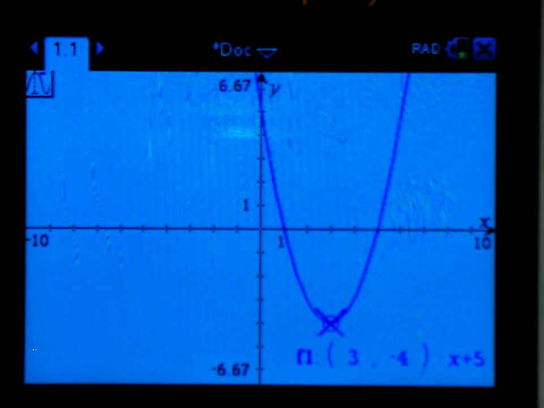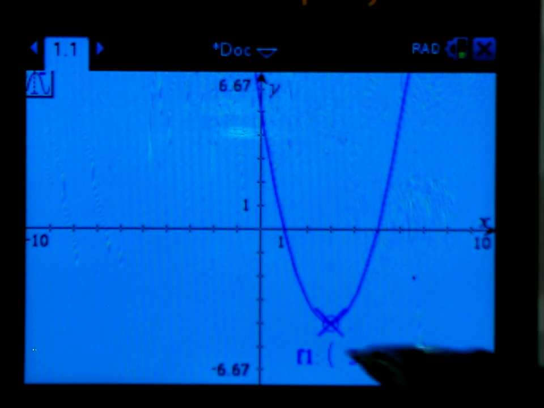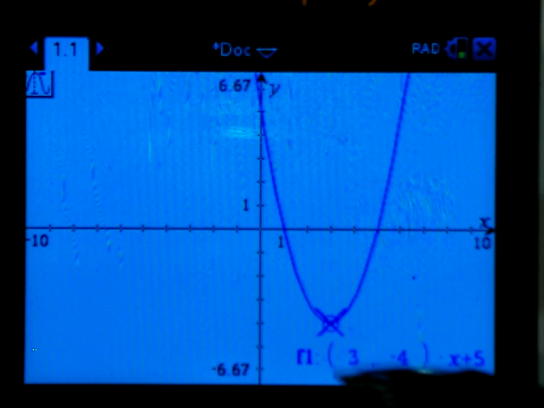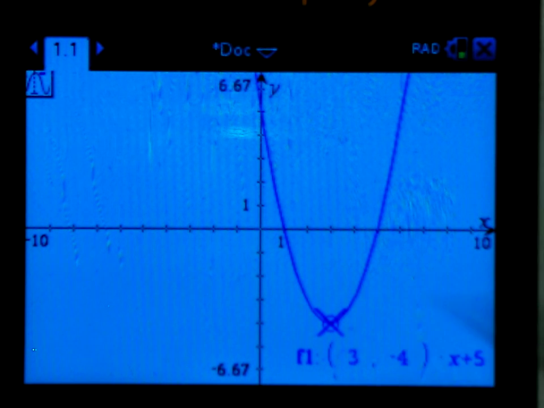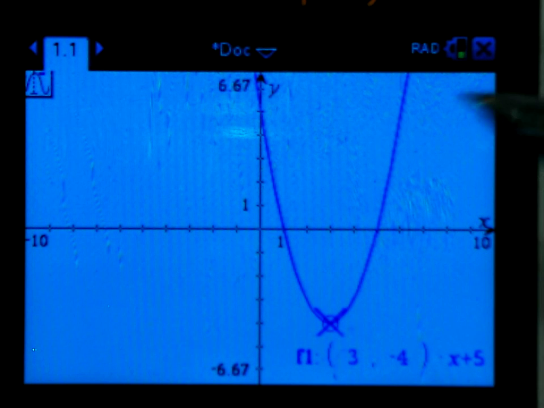That's what's called the axis of symmetry. The axis of symmetry is always going to be the equation x equals the x value of the vertex, or the minimum or maximum. So in this particular equation, my axis of symmetry is just going to be x equals 3.